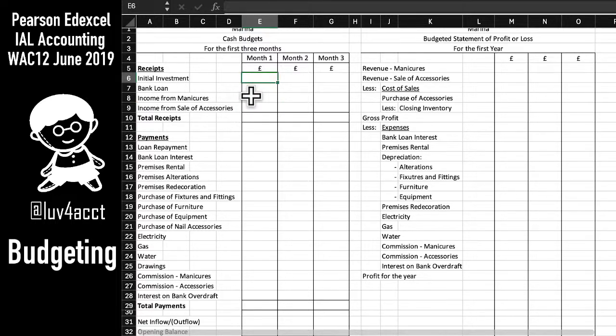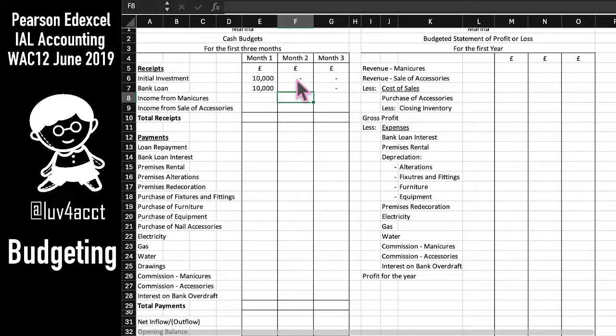Okay, so let's start this long list. Okay, initial investment. Okay, we know Marina is investing 10,000 and also making a bank loan of 10,000.